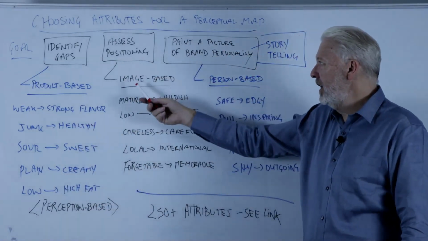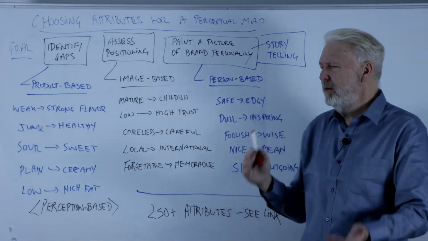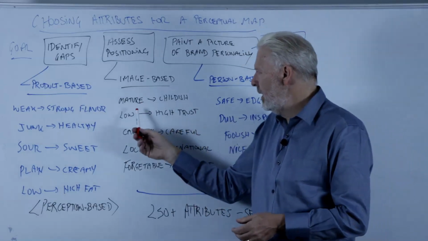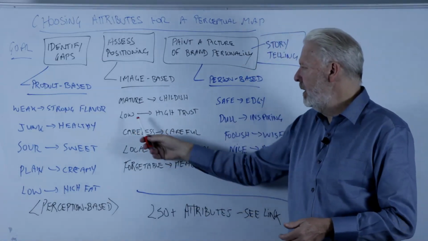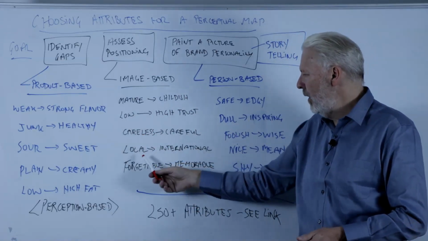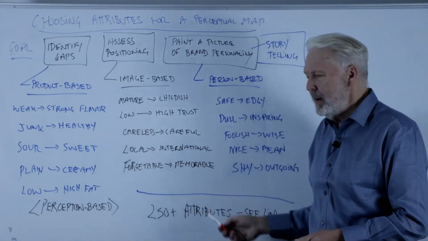In terms of assessing our positioning, we look at various image type based attributes. So I've got a mature brand, a childish brand, low trust, high trust, careless, careful, local, international, forgettable, memorable.